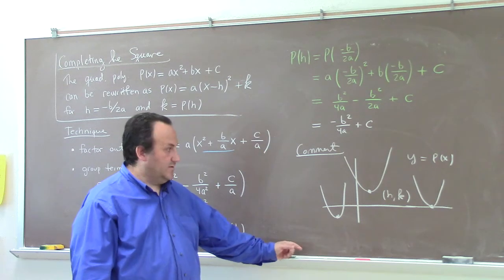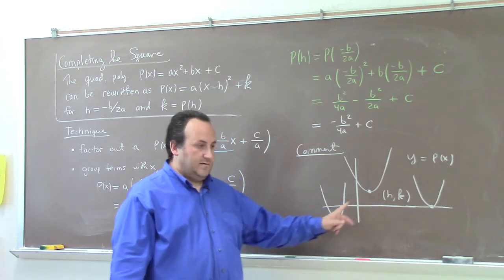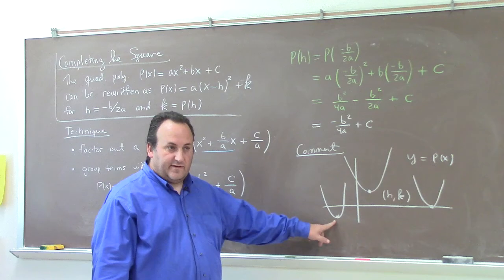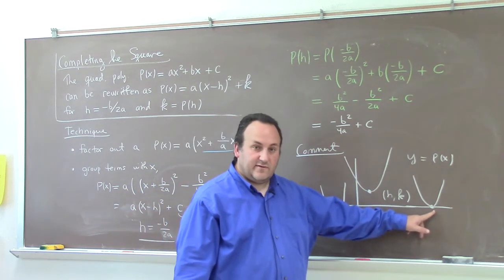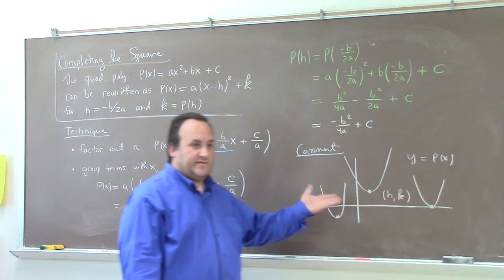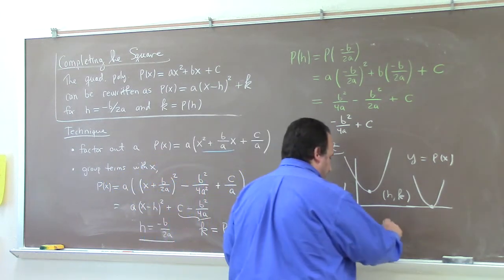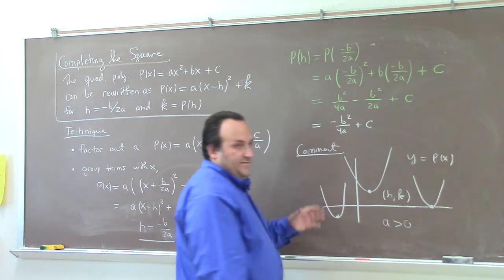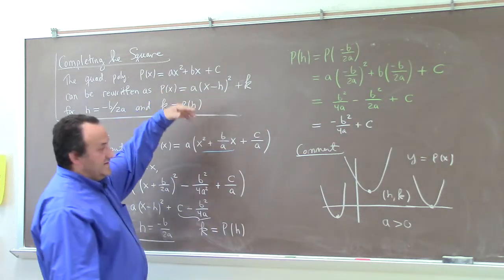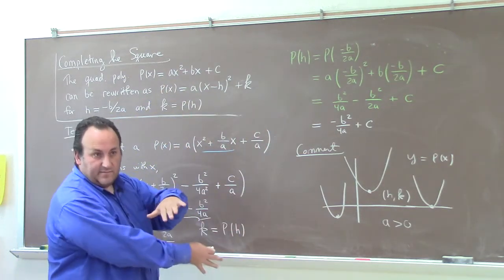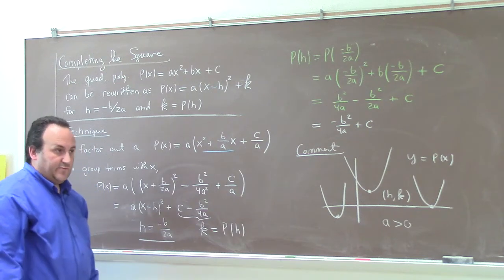That corresponds to an irreducible quadratic, a quadratic that can be factored over the real numbers, or a repeated factor. You can also turn these upside down. These pictures are for a greater than 0. If the leading coefficient is less than 0, the pictures turn upside down, and the parabola opens downward instead of upward.